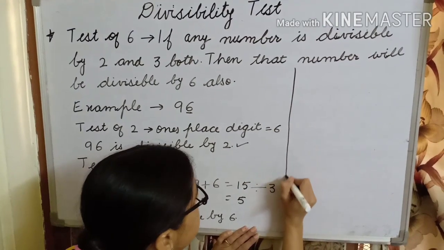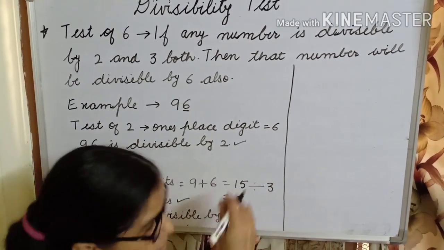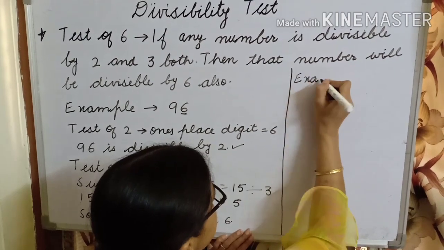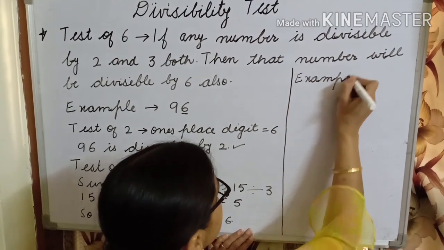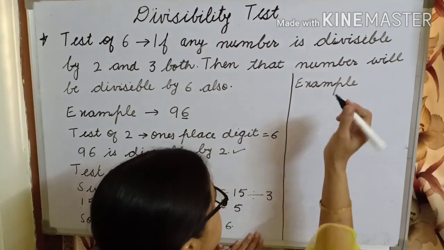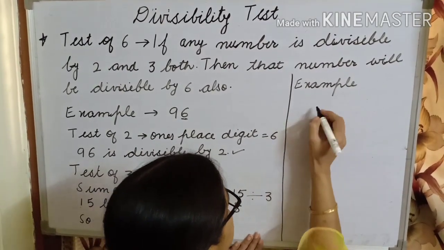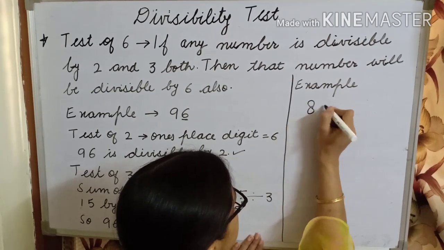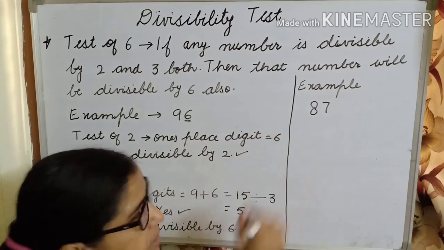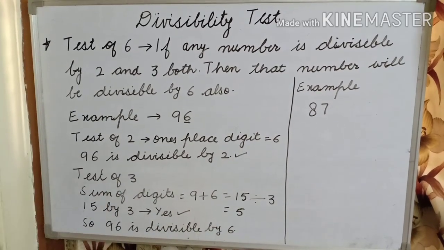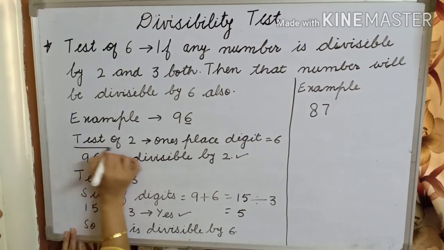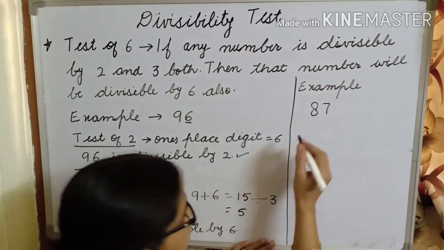One more example I am taking here. If any number is divisible by only one of these numbers, then what will happen? Whether that is divisible by 2 or whether that is divisible by 3. Suppose I have taken 87. Then first what you will check? You will check for 2.